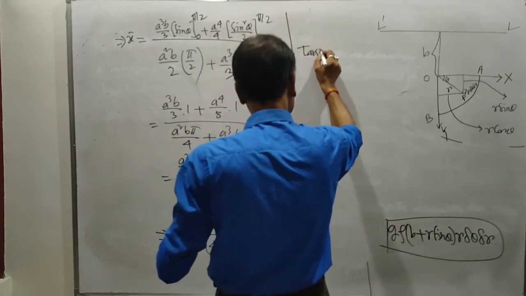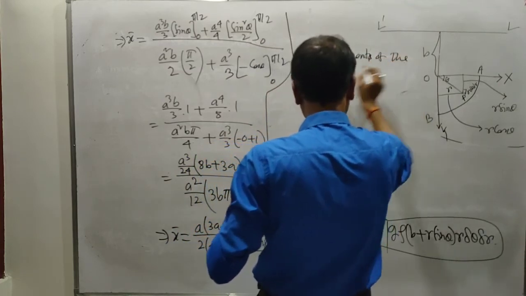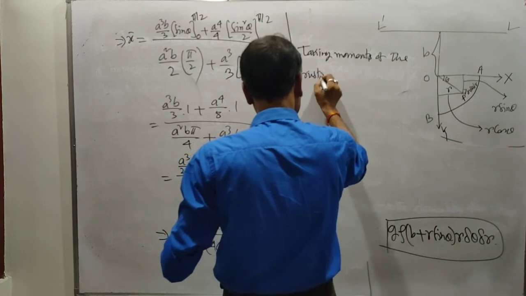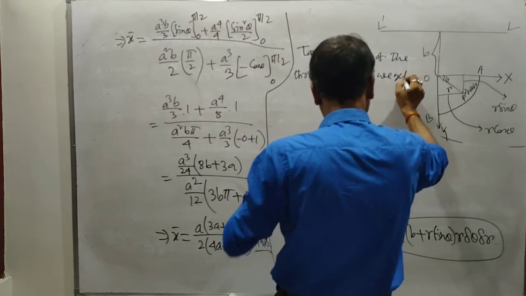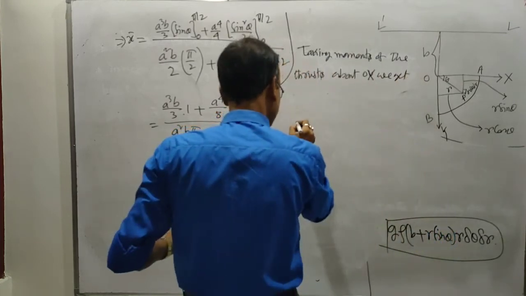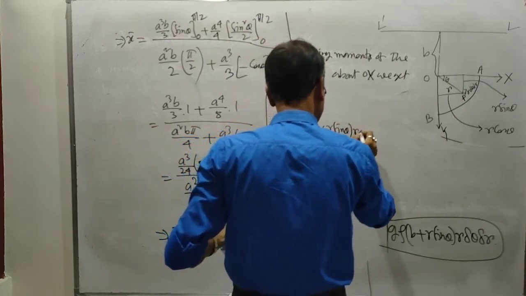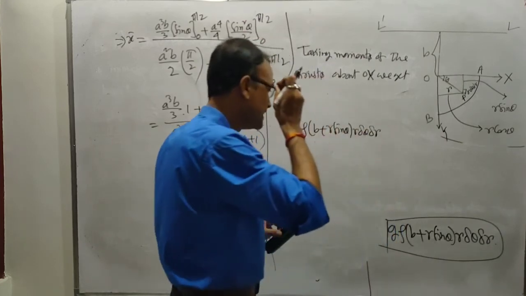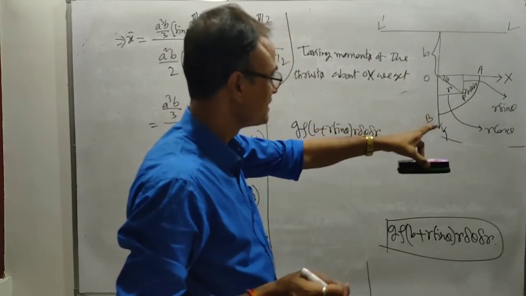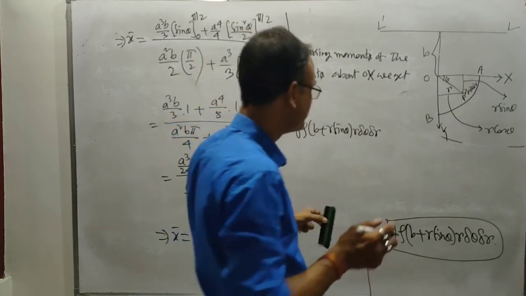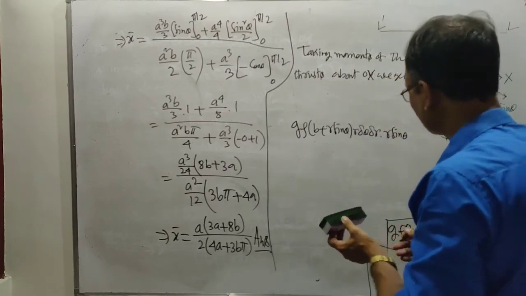The thrust at a point P is 0 B plus R sin theta, R delta theta delta R. About OX, it will be R sin theta.